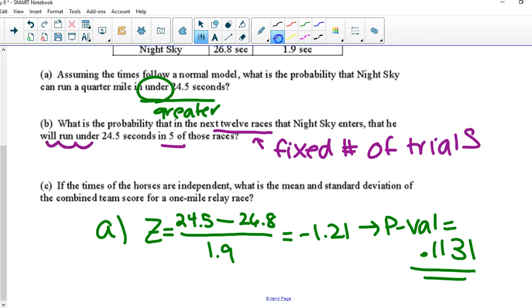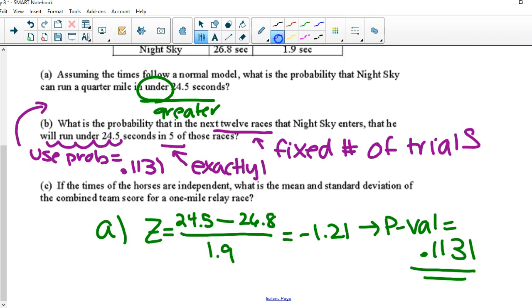Under the 24.5, that should key you in that I'm going to use the probability from part A. We know that the probability that he's going to go under 24.5 seconds is 0.1131. We want to know in 5 of those exactly.